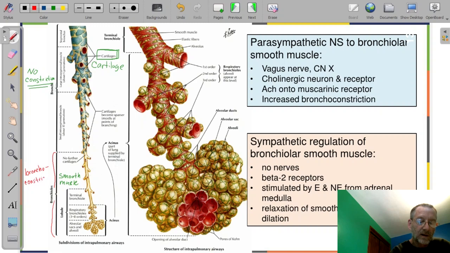Bronchoconstrict/dilate. That's the smooth muscle. The smooth muscle either contracts or it relaxes. So, before we get to the boxes on the right, in the middle is the terminal bronchiole again, and just note the smooth muscle.